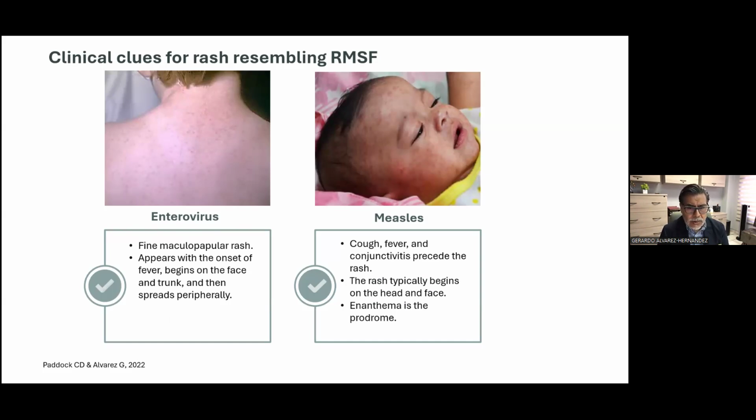Although, as you know, measles usually is coupled with respiratory symptoms. But the rash typically begins on the head and face, which is very different from what is happening with RMSF, that, as I mentioned, usually starts on the wrists and ankles. Another very characteristic symptom in measles is the presence of enanthema, which is a prodromal symptom.